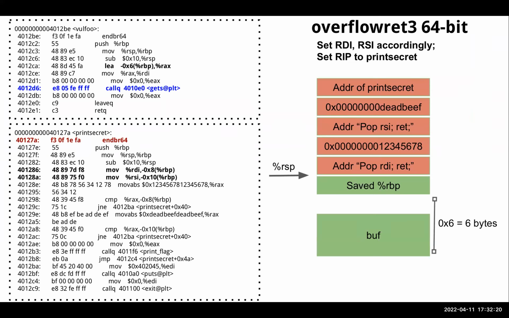On the left hand side here, I have the disassembly. Right hand side, I have how do we make this ROP work? This one is a little bit hard to explain. So instead of giving you the rationales to explain how we make this work, I will directly give you the exploit here.